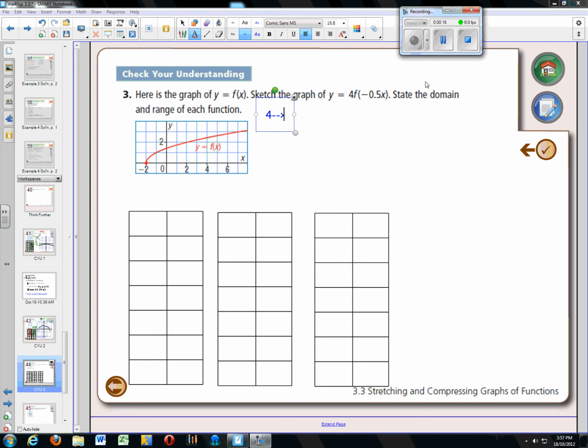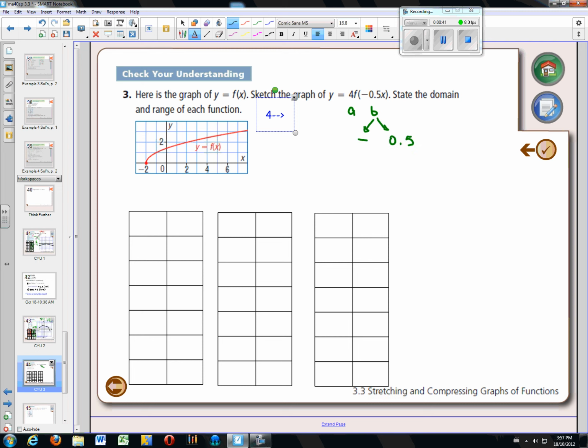So this is a graph of f of x, and you're to transform it according to this rule: 4 times f at negative half x. Okay, so our A is the 4, and B is the negative 1/2. B has two things happening here: there's the negative, and there is the half.